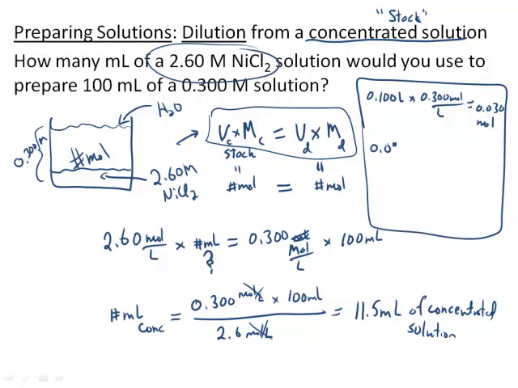Then you can convert that 0.030 moles using the concentrated solution, 1 liter over 2.6 moles, and you get liters of that: 0.03 divided by 2.6 gives 0.0115 liters, which converts to 11.5 milliliters. So it's the same answer. You can either do it by passing through moles or just using the quick and dirty dilute solution method. Those are the two methods for creating solutions of a given concentration.